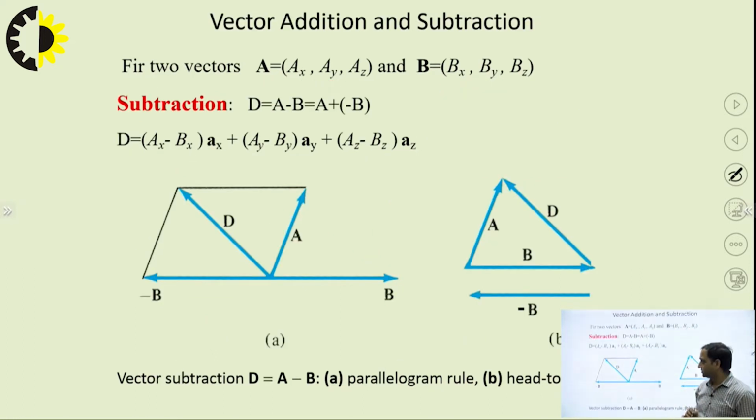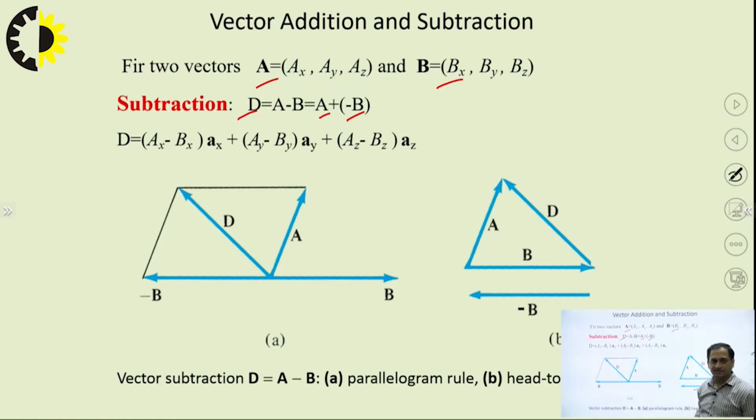Then we have the subtraction. Subtraction is nothing but again the same thing, we are adding the two vectors, but the second vector will be in the opposite direction. Very simple. So vector a, again the same example, vector a, vector b, and when we go for the subtraction, it will be vector a plus vector b with the opposite direction. So this becomes a minus b.